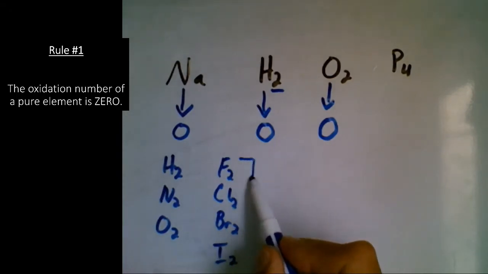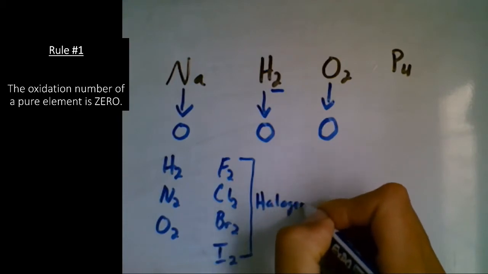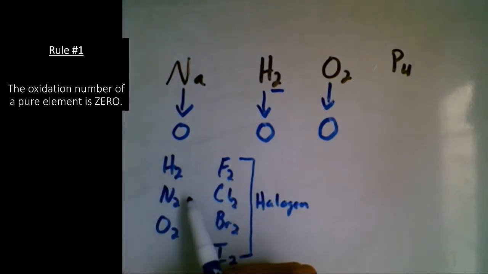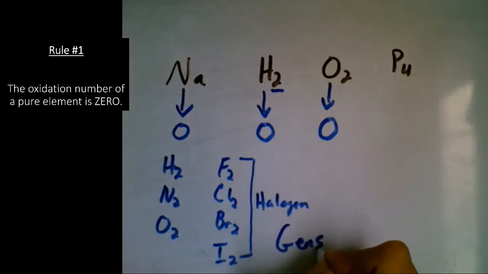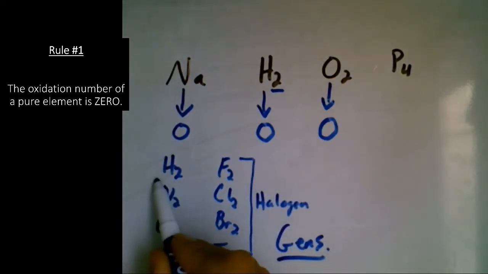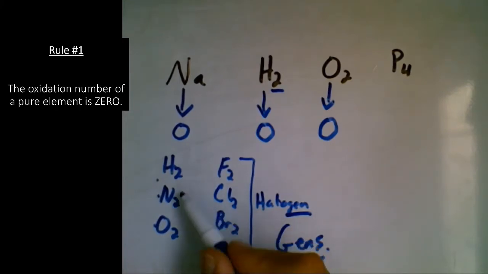They are all called the halogens, and those are all of the diatomic substances. I like to remember them as the gens. They are hydrogen, nitrogen, oxygen, and the halogens. Everything that ends with gen on the periodic table is actually diatomic.